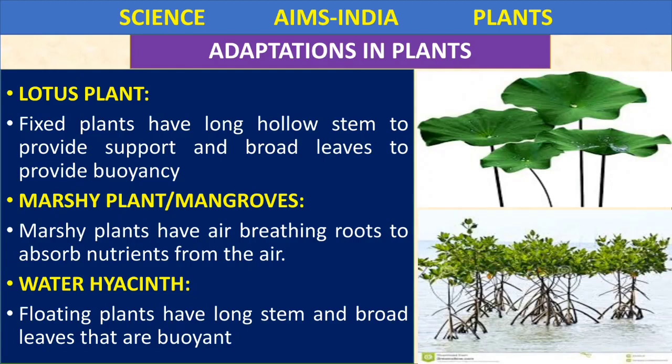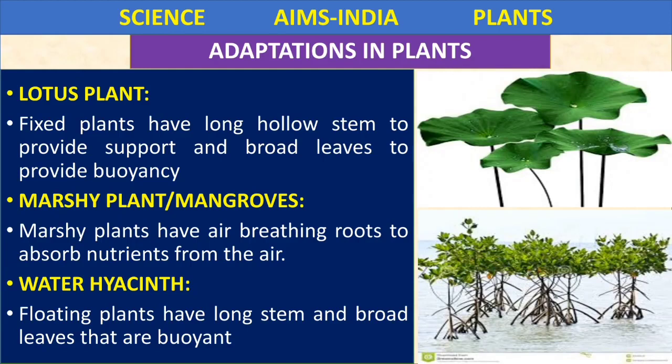For example, the lotus plant is a fixed plant and it has a long hollow stem to provide support and broad leaves to provide buoyancy. Buoyancy is where the force is able to make it float in the water or on the surface of the water. So because of this long stem, the lotus plant is able to be fixed in the water.